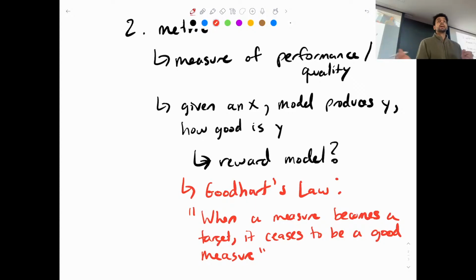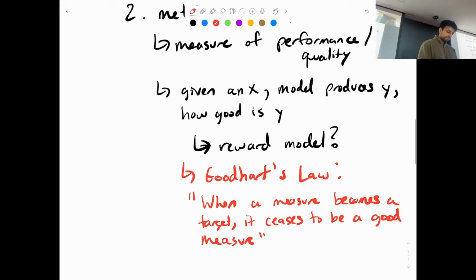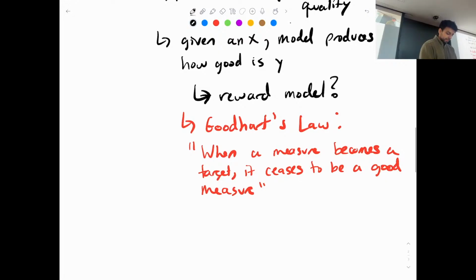So generally, we want to have more objective, high agreement type metrics that differ from the way that the model was trained, like using reward models. Okay.